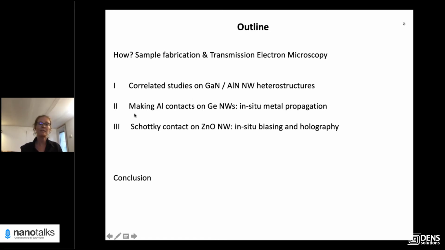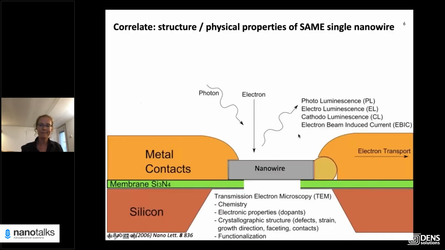In the second part, I'll show you how we make aluminium contacts on germanium nanowires using in situ metal propagation. This is the first in situ part, in situ heating, basically. And finally, I'll show you the study of a Schottky contact on a zinc oxide nanowire using the combination of in situ biasing and electron holography.